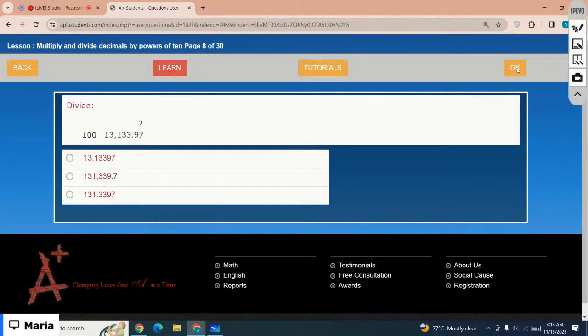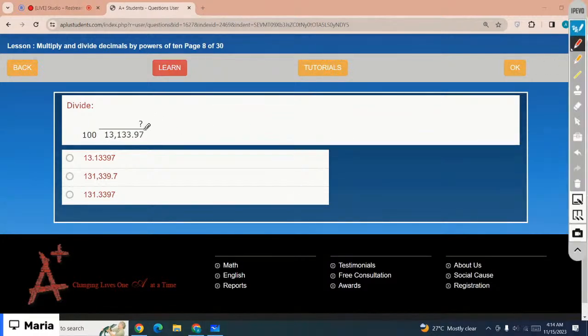You need to move the decimal point two places left. So when you move left, the decimal point is already here. You need to move two places left, so it will be moved from here. So it is 131.3397, right? So which is the correct option? The correct option is the last one, right?